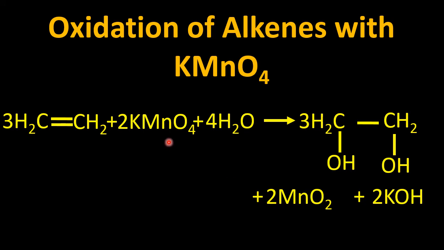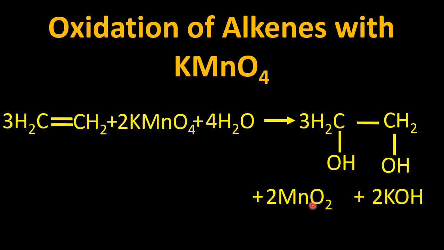Now for oxygen. Oxygen has 2 4s are 8 and 4 oxygen atoms with water. So 8 plus 4 is 12. Then in the product, we have 6 oxygen atoms with ethane 1,2-diol. And the rest of the oxygen atoms will come from manganese.